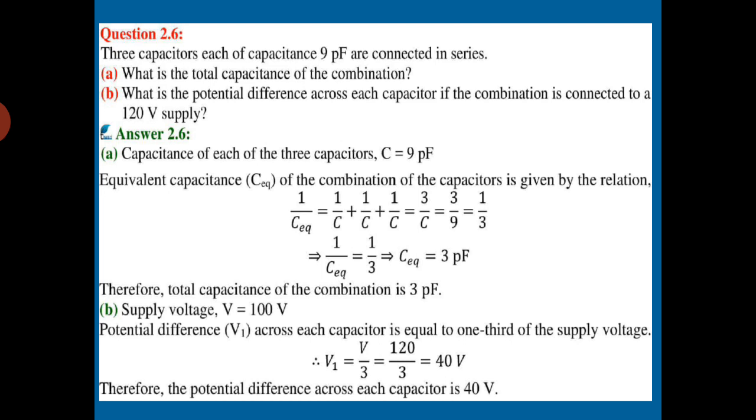So the supply voltage V is given to you, 120. Let the potential difference across each capacitor be V1. As all the capacitors in the series combination have the same value, the potential across each will also be the same. It will be divided into 3 parts. So V1 will be equal to V by 3. 120 by 3 comes out to be 40 volts. So the potential difference across each capacitor is 40 volts.